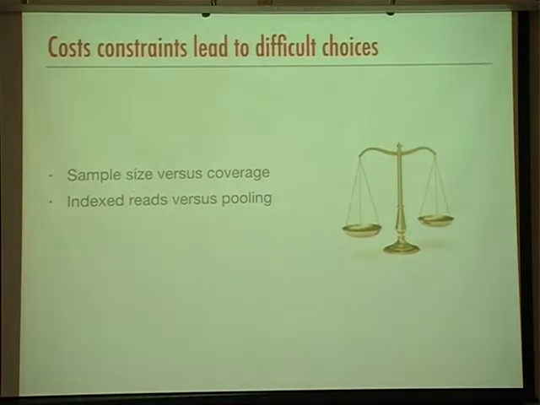This is more costly, but gives more accuracy. So we have these difficult choices to make, and oftentimes working with limited budgets, we're going to make choices that sacrifice coverage, that lead us to do pooling. And so what we want to talk about today is some of the challenges that arise when we're dealing with low coverage data or pooled data.